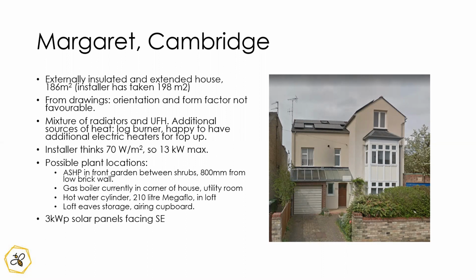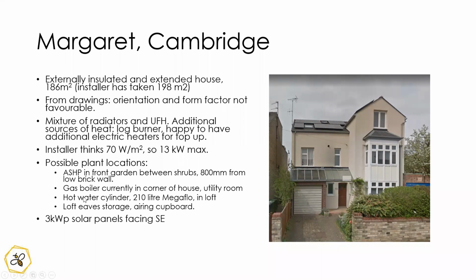She has got a quote from an installer who thinks it's about 70 watts per square metre, and he did take a slightly conservative view of the treated area, so came up with a much larger unit. And then we've got some possible plant locations. So the air source heat pump outdoor unit could be in the front garden, which I assume is here where the shrubs are.